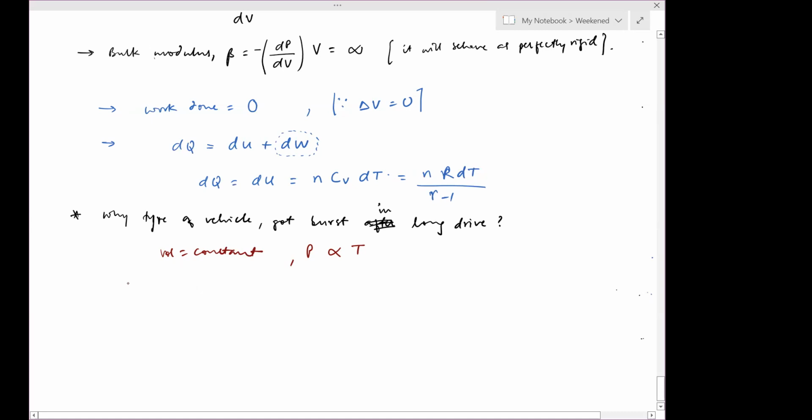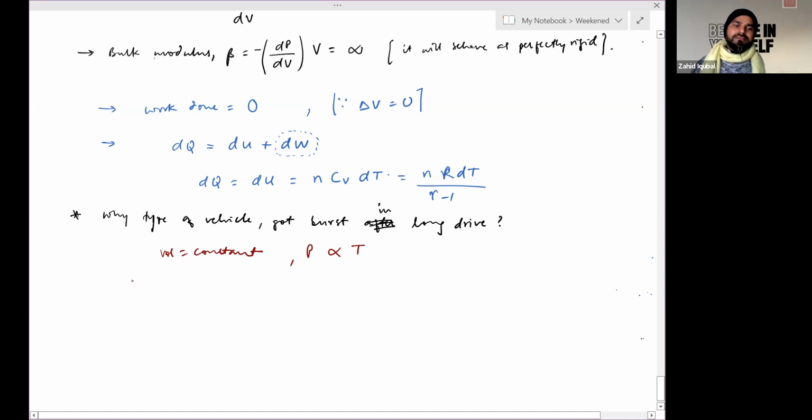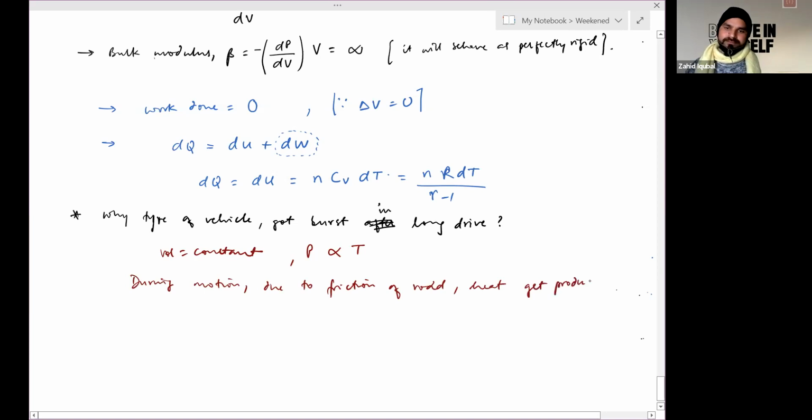Okay. So you will say, during motion, due to friction of road, heat gets produced, which tends to increase temperature as well as pressure.